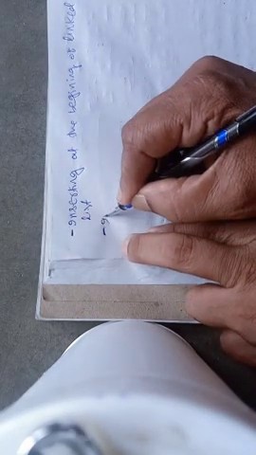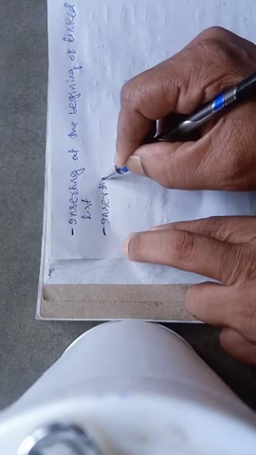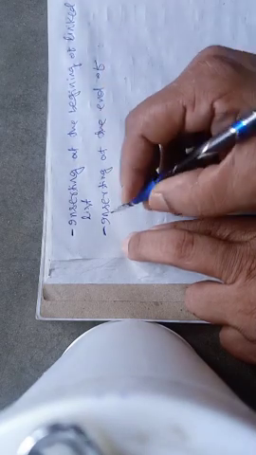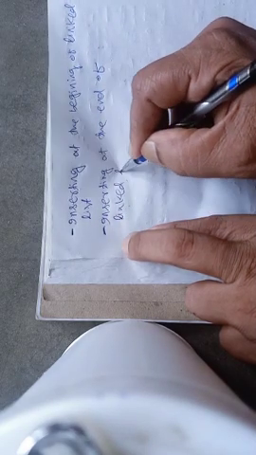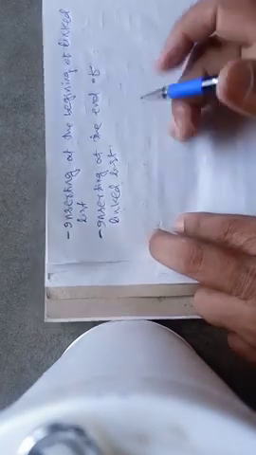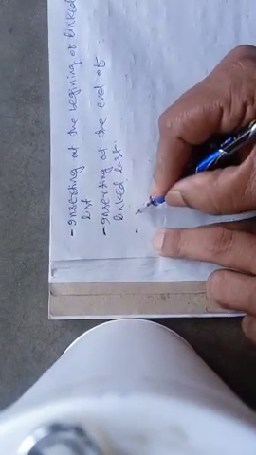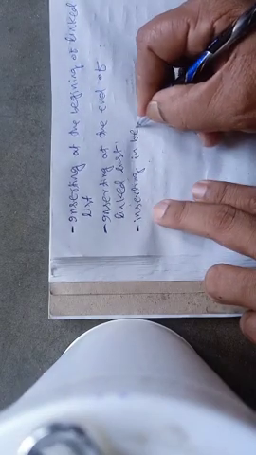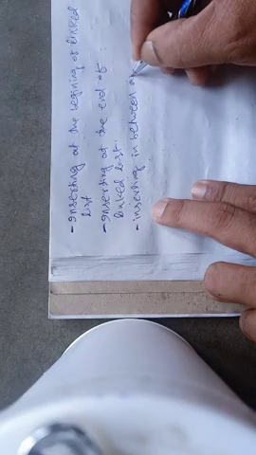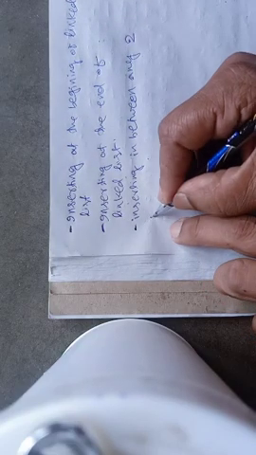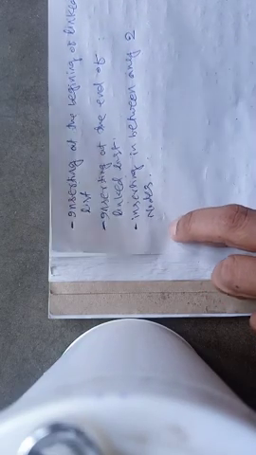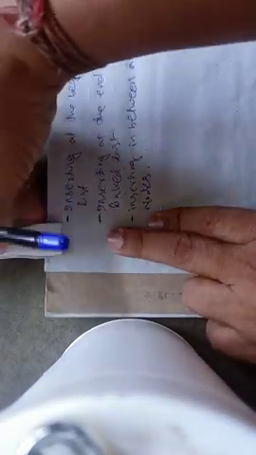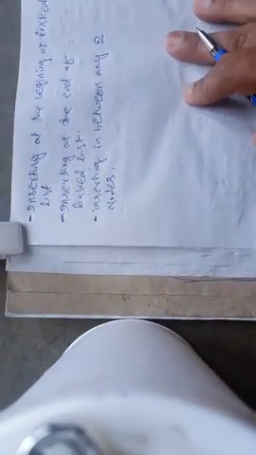Case number 2 is inserting at the end of the linked list, and case number 3 is inserting in between any two nodes. So for three different cases, we have to write three different algorithms. Let's see what these are.